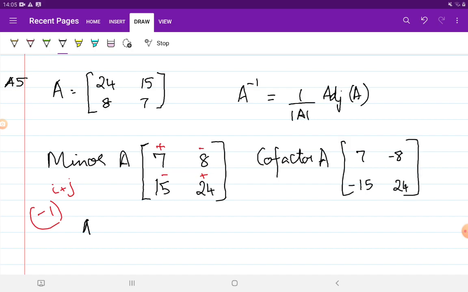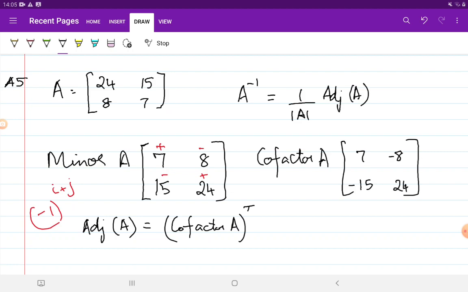Now finally, what is adjoint? Adjoint of matrix A is nothing but the cofactor of matrix A transposed. Some books use dash as the symbol for transpose, some books use the superscript T for transpose. Whichever you are comfortable with, just remain consistent with your symbols.